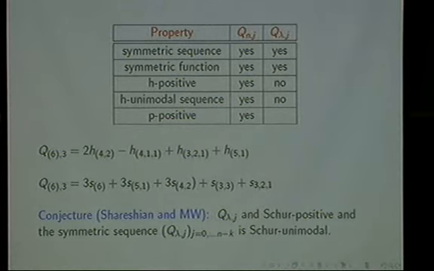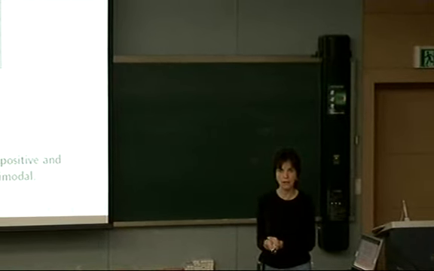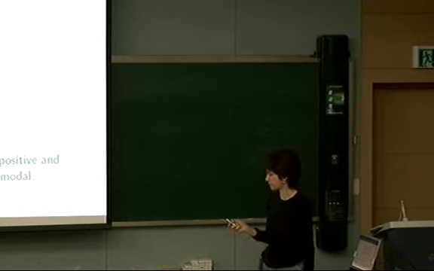In other words, when we take the difference of q lambda j minus q lambda j minus 1, we get a Schur positive function, a symmetric function. So I think that's an interesting conjecture. It would be very nice to understand why these things are Schur positive. Are they Frobenius characteristics of some representation? That would be interesting to know. What are these things? But I think this is an interesting class of symmetric functions. I think these are hard problems.